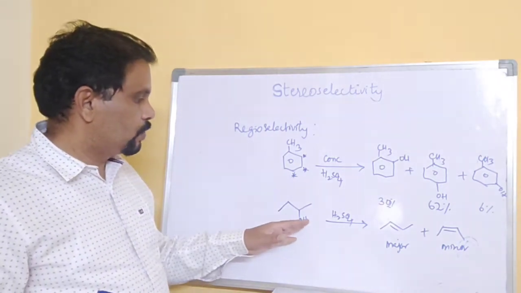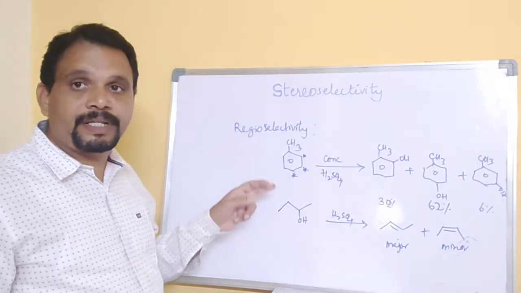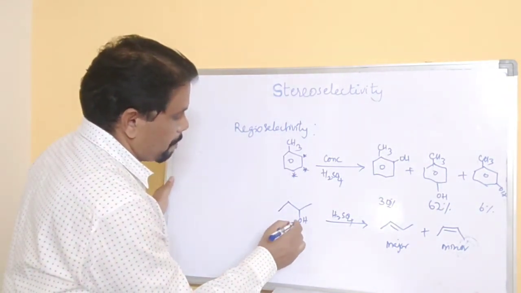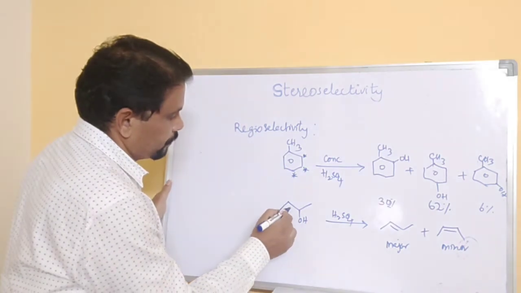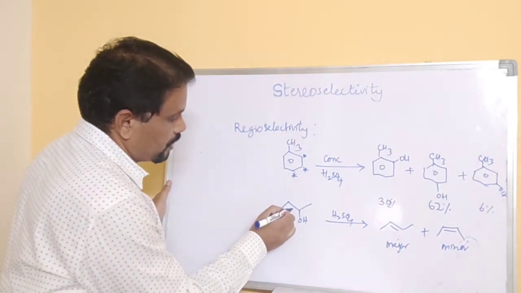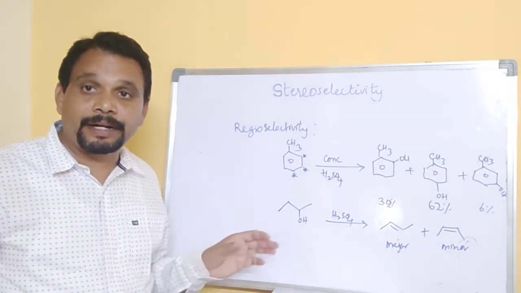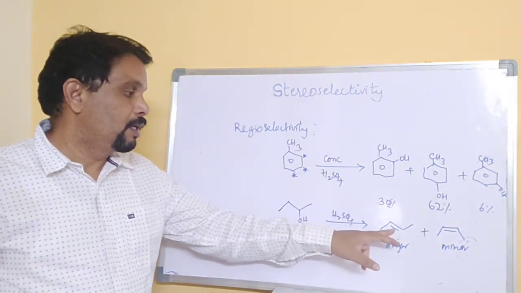So regioselectivity means, first of all, this position is available and this position is available for the dehydration reaction.